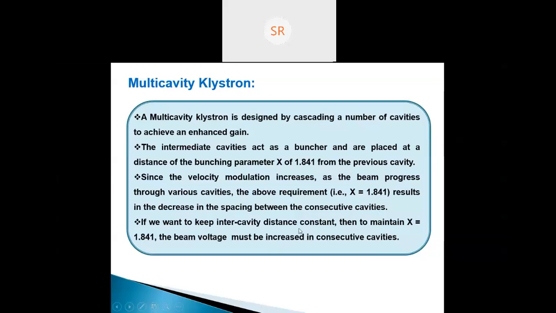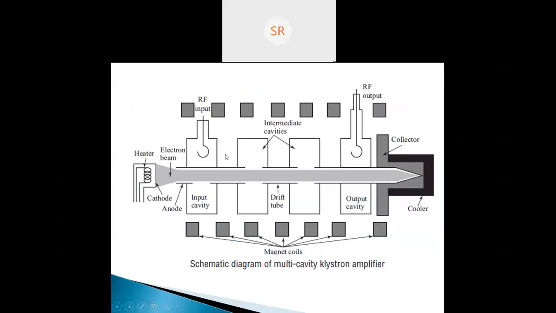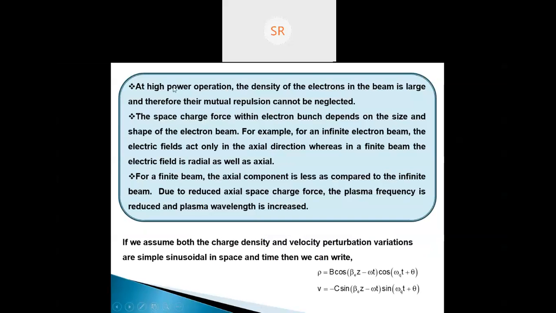If we want to keep the intercavity distance constant, then maintaining x equal to 1.841 is difficult. In that case, we can increase the beam voltage, which must be increased in each consecutive cavity. So that is about a multi-cavity Klystron.